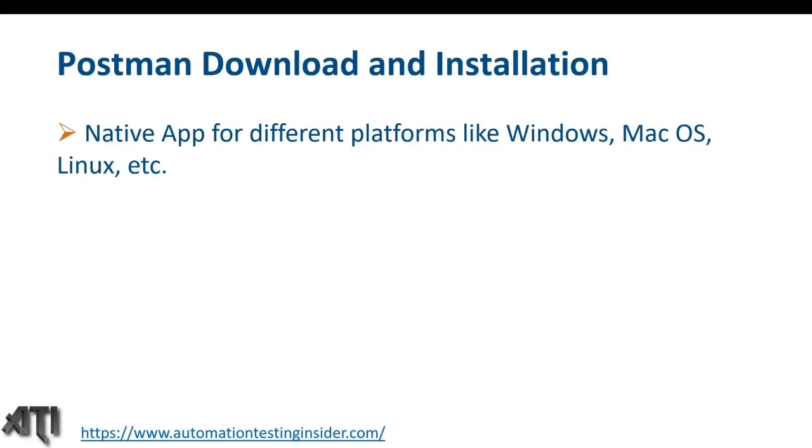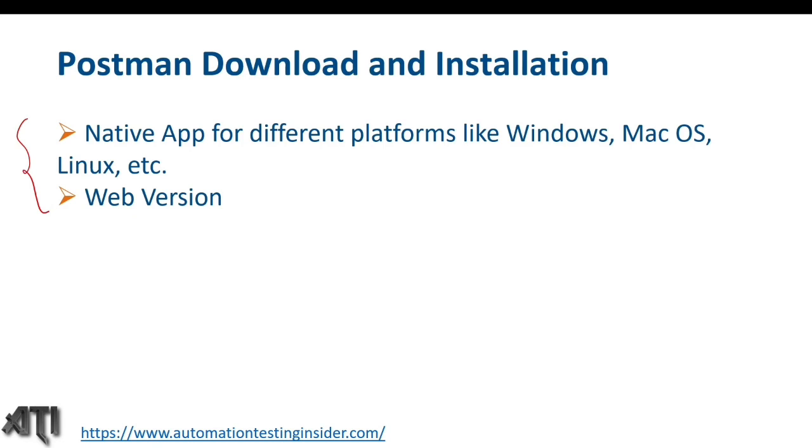Now we'll talk about what different apps are available. What are the different ways we can download and install Postman? How do we get Postman in different ways? So, the native app. We have a native app for different platforms like Windows, Mac OS, Linux, different operating systems. And another way is the web version. So there are two ways basically we can set up Postman.